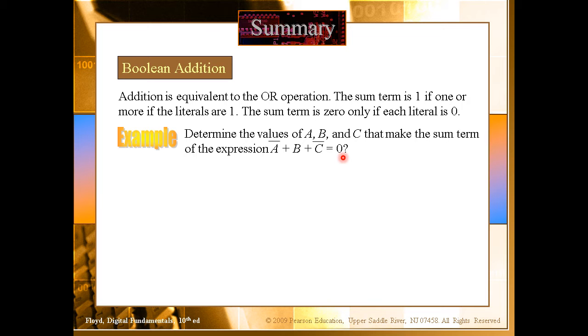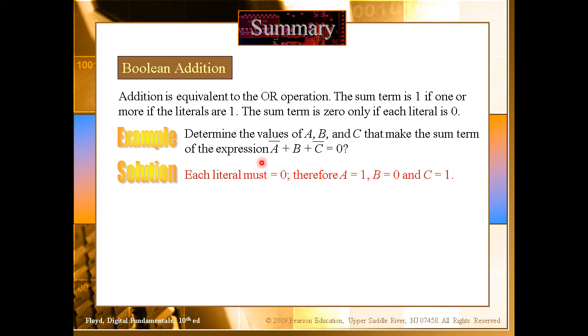Let's recall the OR gate. How do you get 0 in the OR gate? You get 0 when everything is 0, meaning both inputs are 0. Here we are talking about 3 inputs, but it's all zeros. That means each literal must be 0.